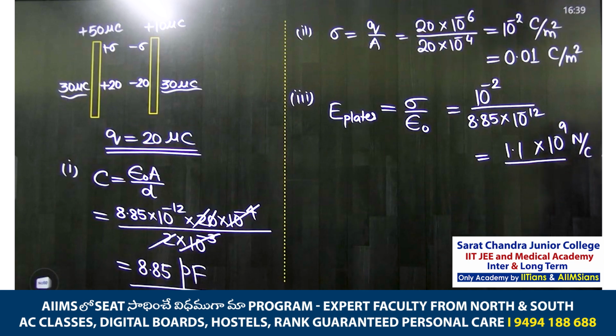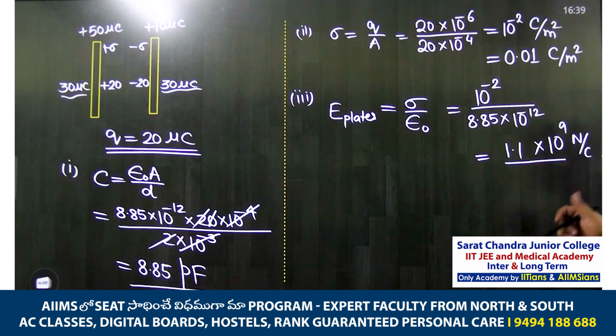Very, very strong field, 10 to the power 9th order. So you can consider how strongly the capacitor will be built, that it is giving you so strong a field inside. Okay? Very small in size, just 2 millimeter and 20 centimeter square. Still, it can produce so large a field.